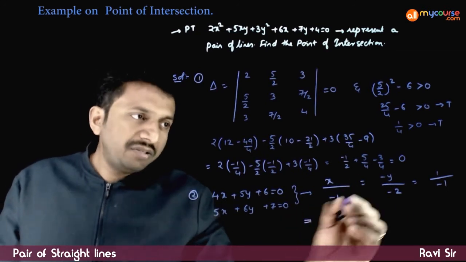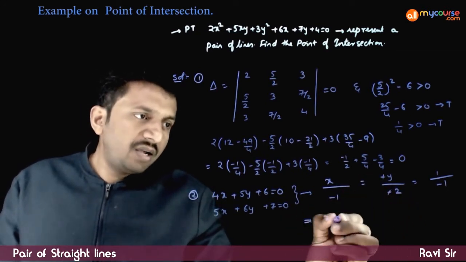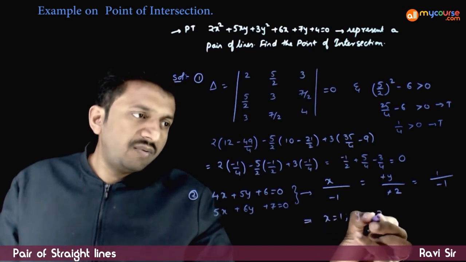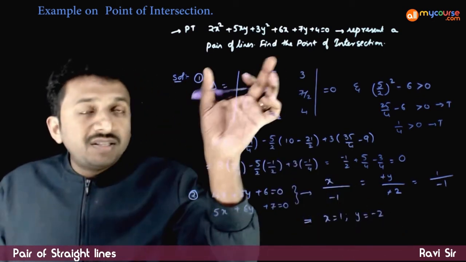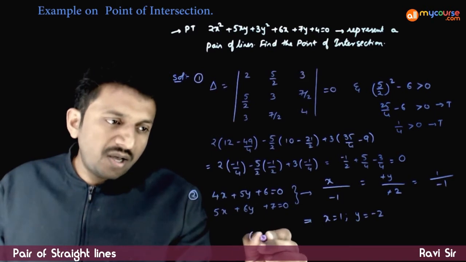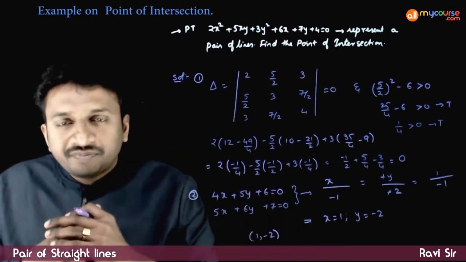So on comparison, x is equal to 1, y is equal to minus 2. That means the point of intersection is 1 comma minus 2.